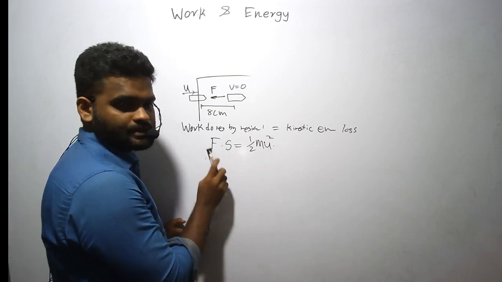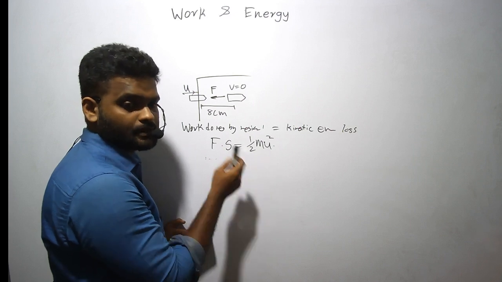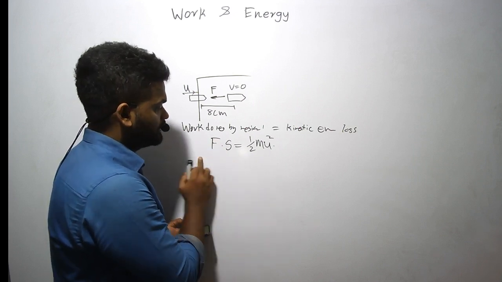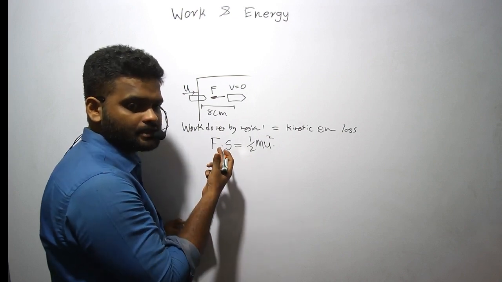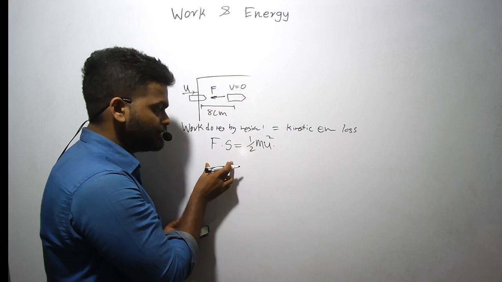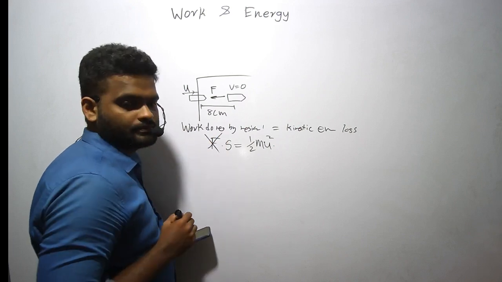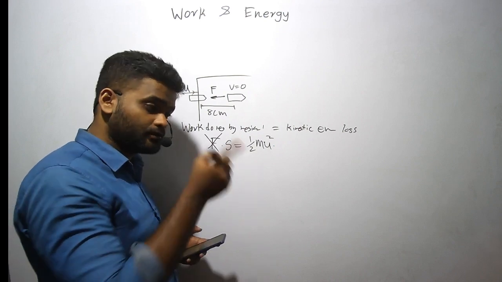According to this equation, work done by resistive force equals kinetic energy loss. So what do they say? According to this one, in the second case, we are keeping the same 100. So force is a constant. Force is a constant. This is how you do MCQs, okay? You don't have to solve again.